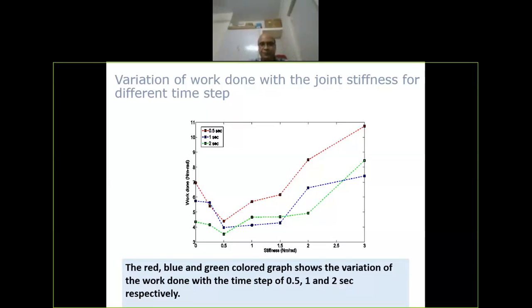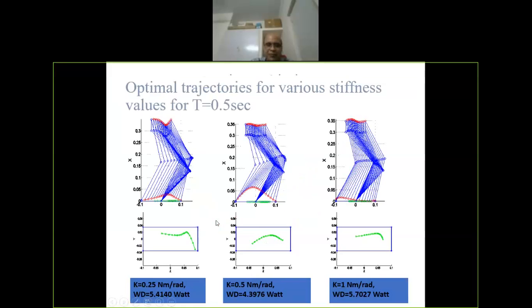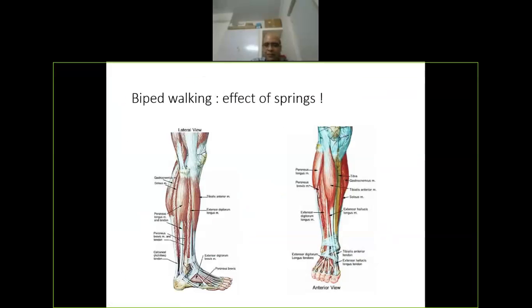If you look further into this example, this is an interesting example again in terms of design, in terms of control, in terms of optimization. If you add springs to the system, you tend to save energy, you tend to make it safe. But then we know that when we are walking, we are on single leg stance, then a double leg stance, and the leg is once on the ground and once in the air.